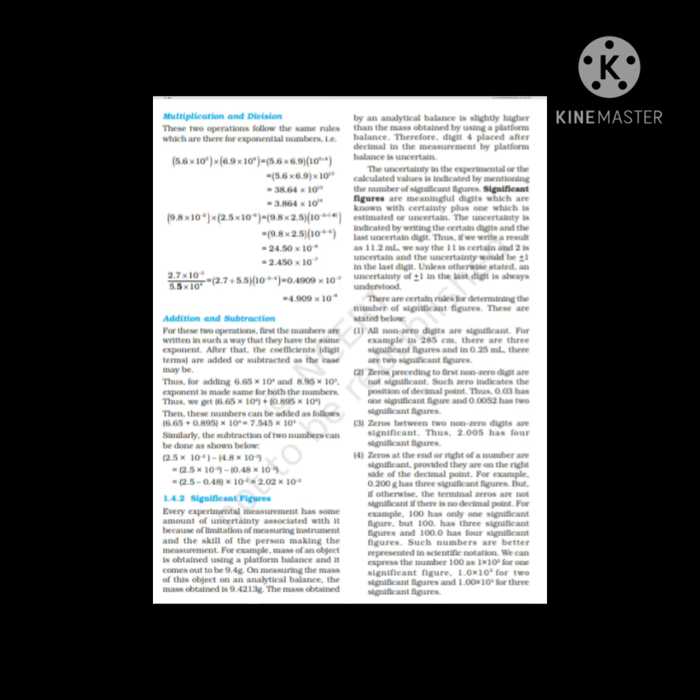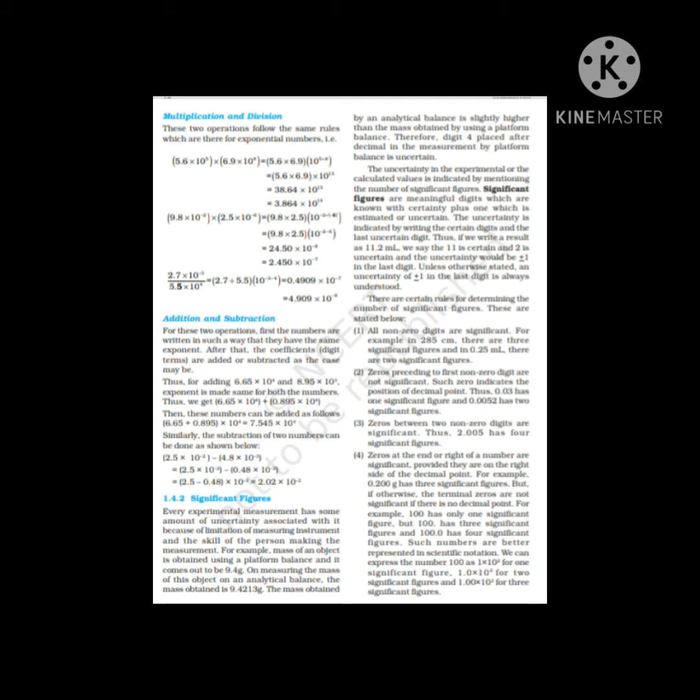If there is no decimal point, for example, 100 has only 1 significant figure, but 100. has 3 significant figures, and 100.0 has 4 significant figures. Such numbers are better represented in scientific notation.